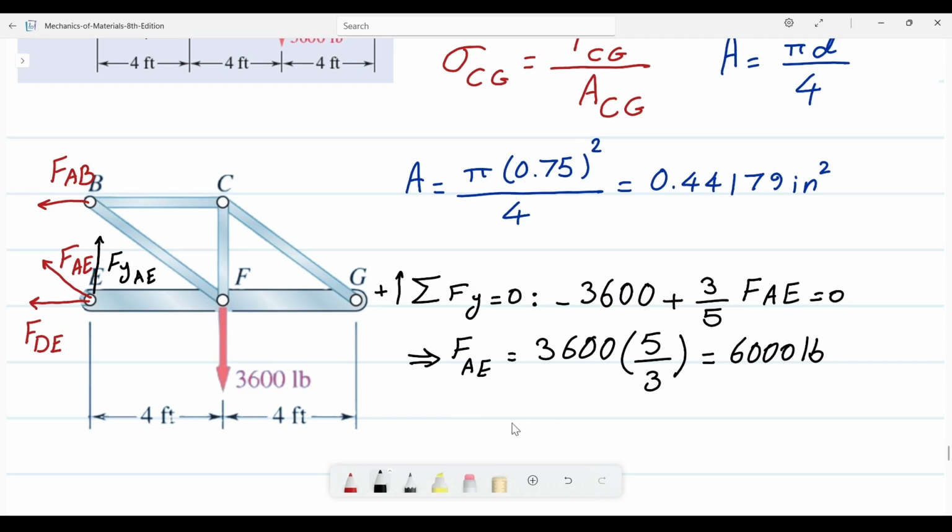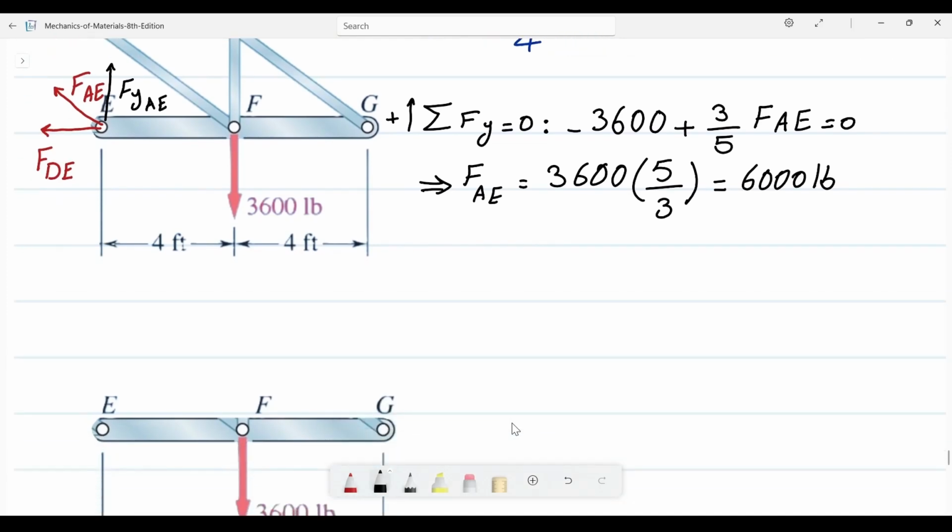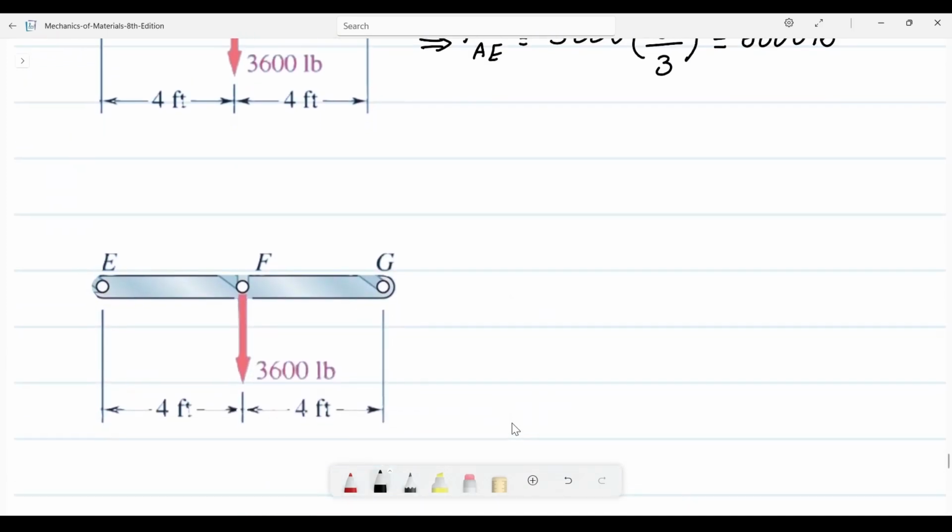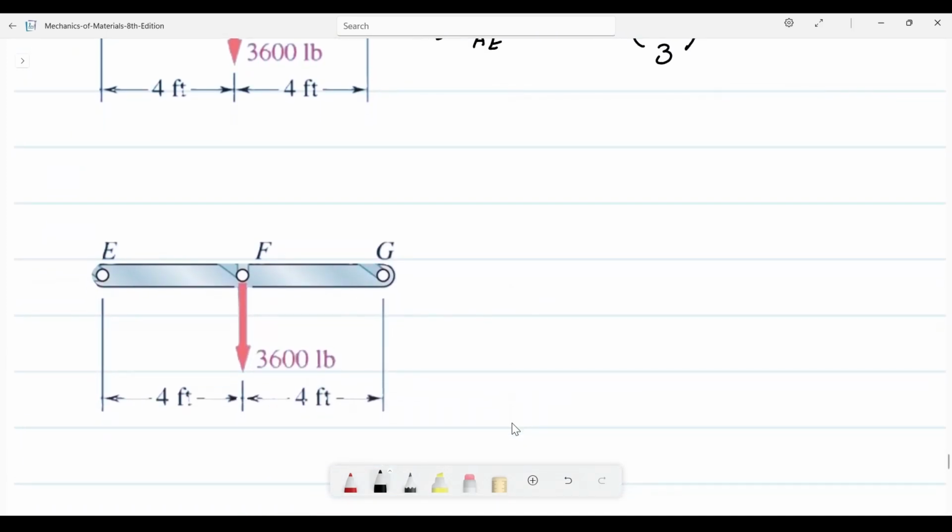Now we use beam EFG as free body diagram and use this equation, sigma M about F positive.